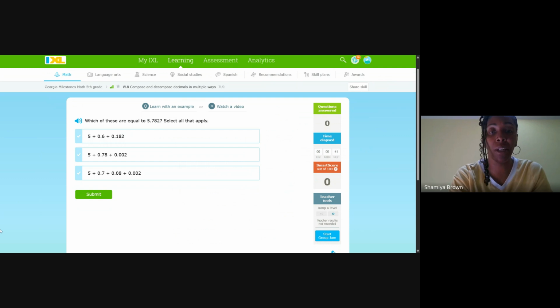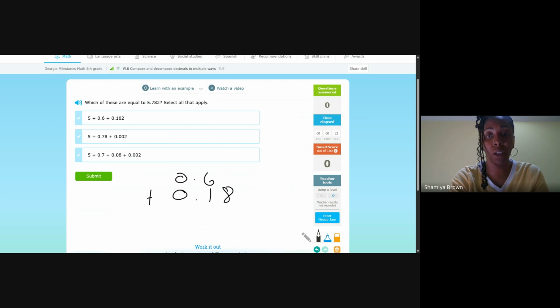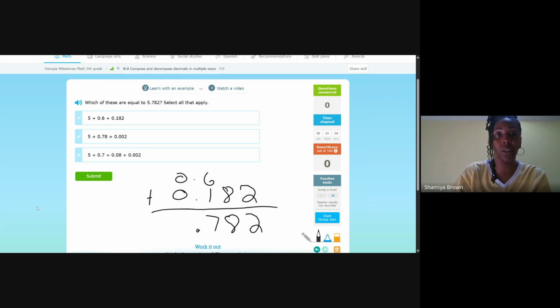And if I think about it, I'm just adding. So that's 0 and 6 tenths plus 0 and 182 thousandths. And if I add that up, I will get 782 thousandths. So that will match. This is 5, so that's the 5. Then this right here equals 782 thousandths. So that would be one of my choices.